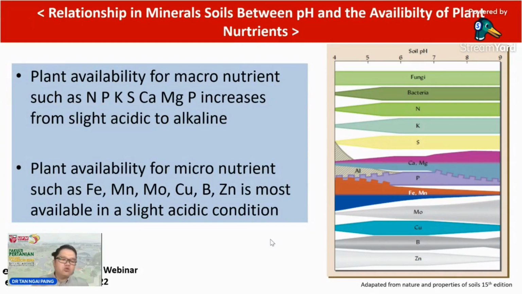So if we were to put the fertilizers and the soil is too acidic, it would decrease the uptake of the plant, despite you putting so much fertilizer. So pH plays a very important role when you apply your fertilizers to ensure the efficiency of the nutrient per se.